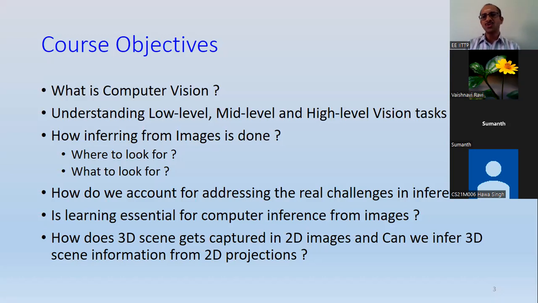So for those who are being introduced to this field now, or who are starting in the image processing, computer vision, machine learning area, I would like to put this in the context of inference from images, understanding the image, and understanding the difficulties of how we infer from images. That's the context of this course.